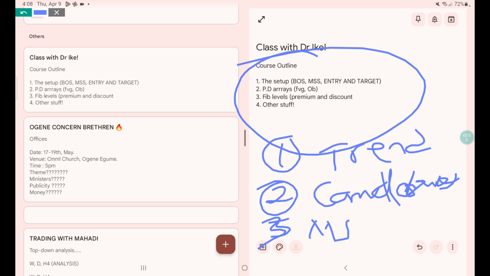The fourth thing is indicators. So all I have listed are what people consider when they are talking about the traditional way of analyzing the market.